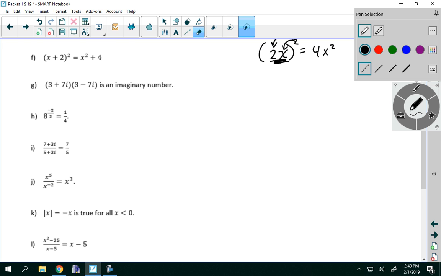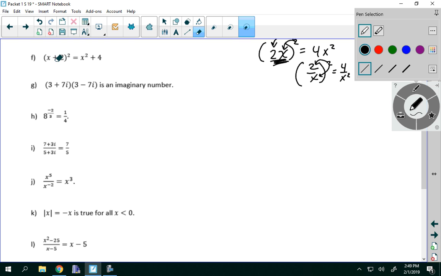But notice this is a multiplication problem. And the same is true if you had a division problem. The square applies itself to the numerator and the denominator. But your exponent properties discuss what to do with multiplication and division.